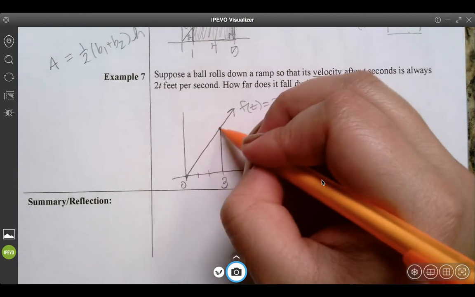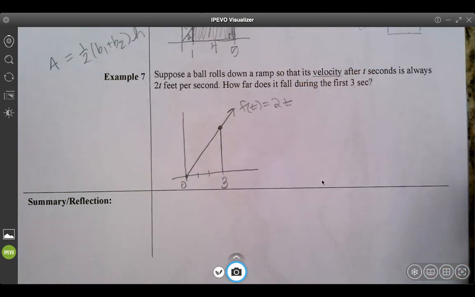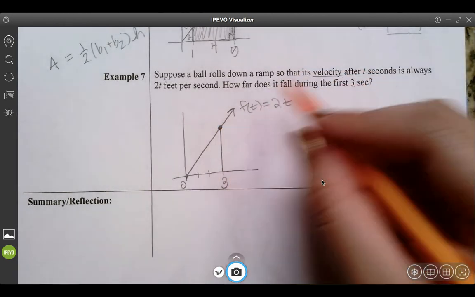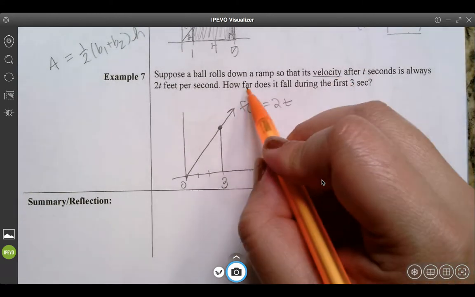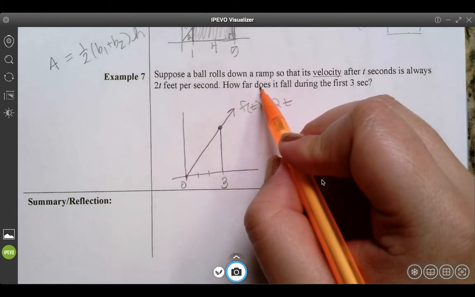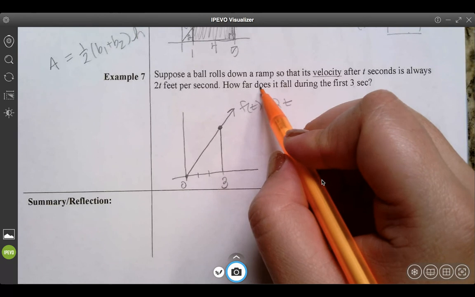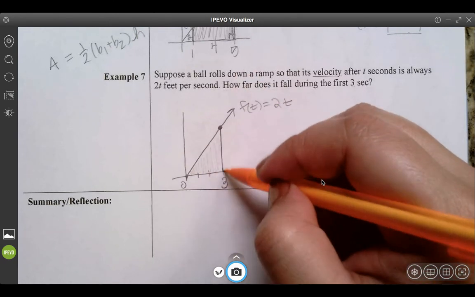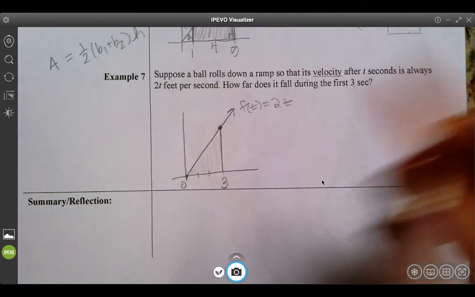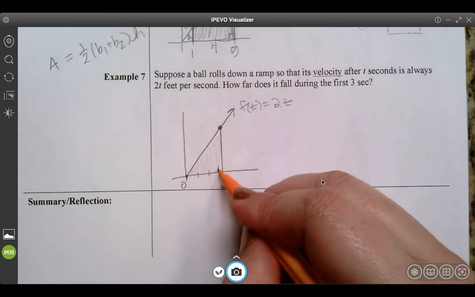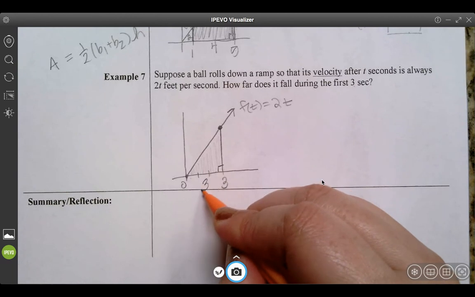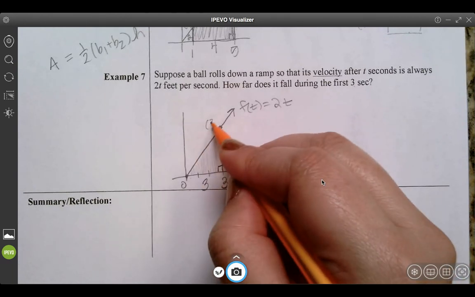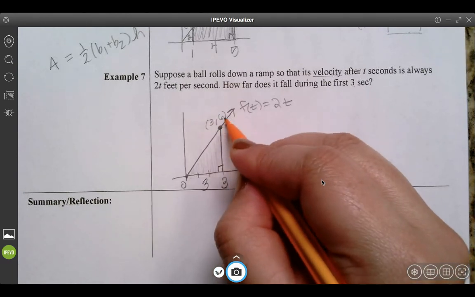Now we're not asking for the velocity at 3 seconds, which would just be f of 3. We're not asking for the velocity. We're asking how far does it go? What is the distance that it travels? And the distance that it travels, again, is the area under the curve. And so to find the area under this curve, we have a triangle with a base of 3 and a height of 3 times 2 is 6. Put it into the function.